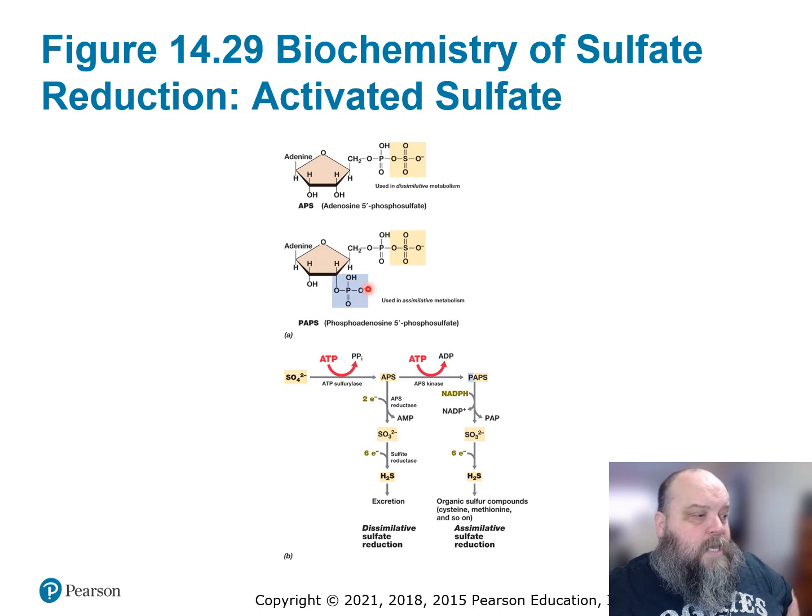Since you're starting with ATP, and here you see the beta and the gamma phosphate are being released, these are going to be complete. So this is the oxygen coming in with the sulfur. Makes sense biochemically. Sulfate to APS, APS to PAPS.